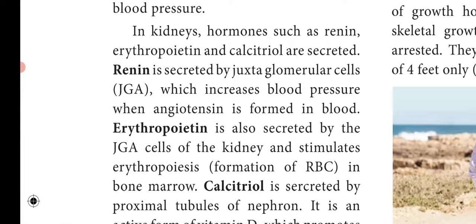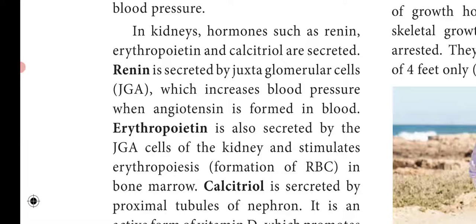Next, in kidneys, hormones such as renin, erythropoietin and calcitriol are secreted. The renin is secreted by the juxtaglomerular cells, that is JGA, which increases the blood pressure when angiotensin is formed in the blood.